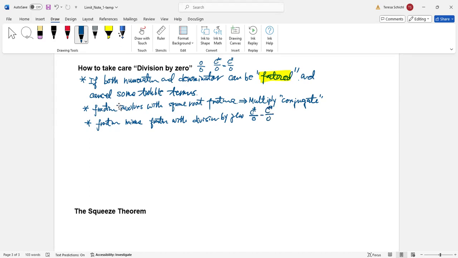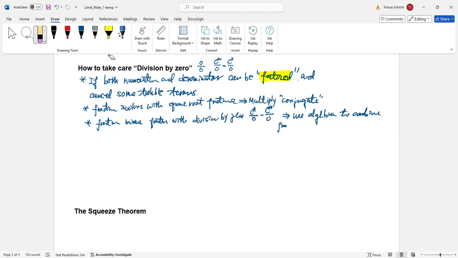For this type of situation, what do we do? The most common way to deal with it is to use algebra to combine the fractions.